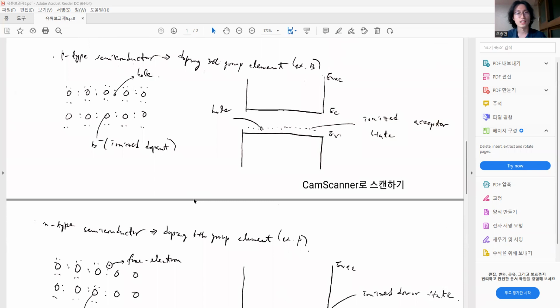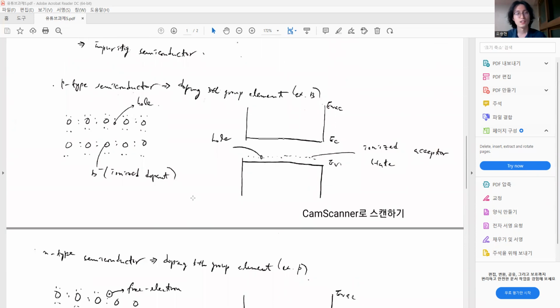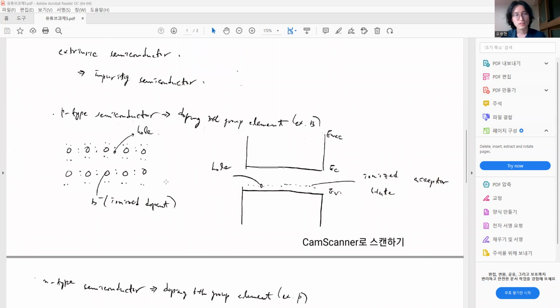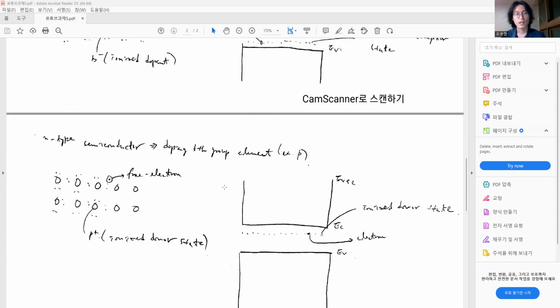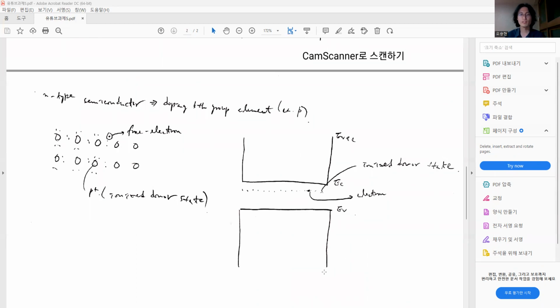And as I didn't say before, for the p-type semiconductor, the hole is the acceptor of the semiconductor. And here is the schematic of the process, as I said before.